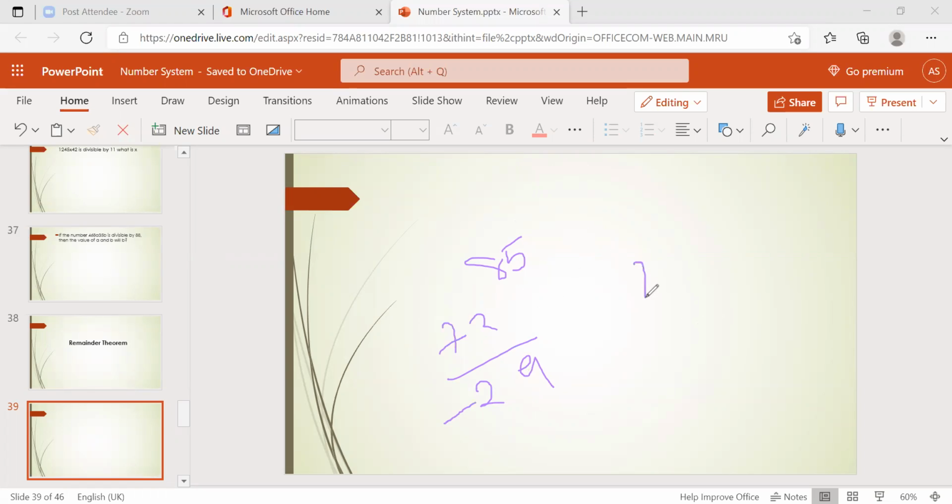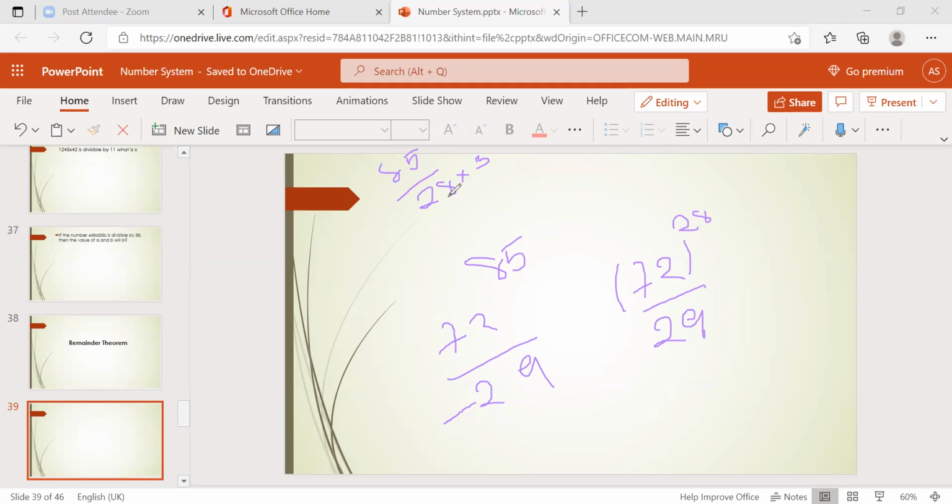So I can write 72 power 85 as 72 power 28, whole power 3, into 72. 85 divided by 28, what's the nearby value? It's 3, right?